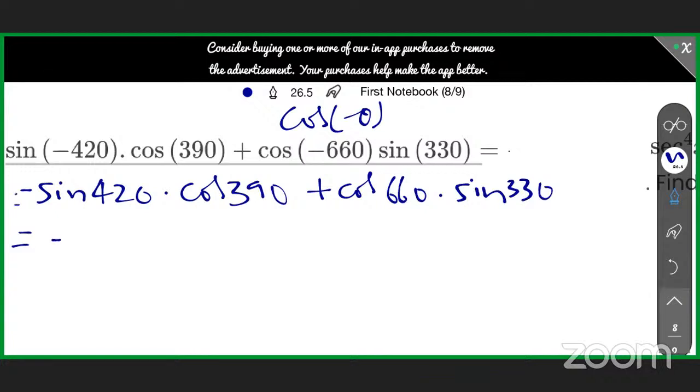Sine 420 can be expressed as, can I write it as sine 360 plus 60? Yes, sir. So I can write it as sine 360 plus 60 into cos also.